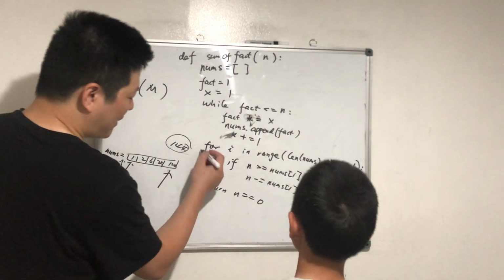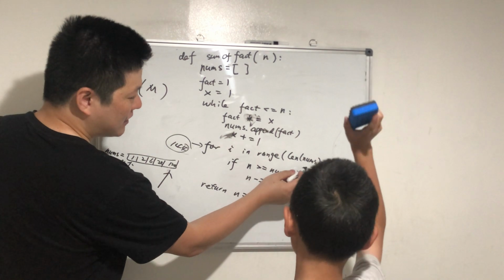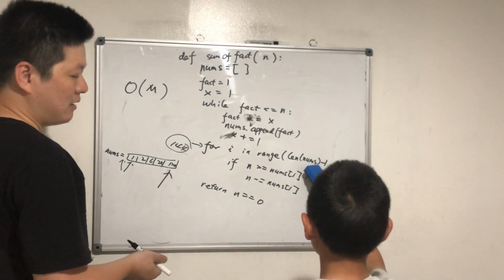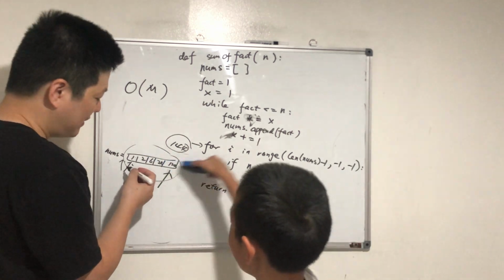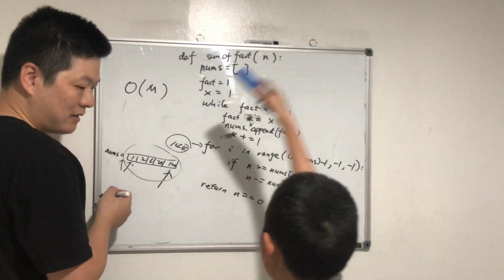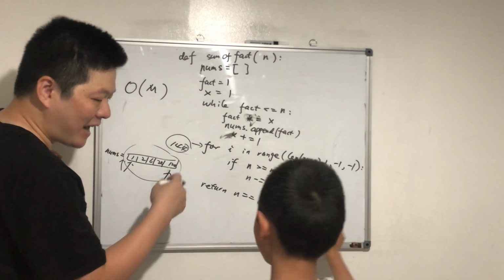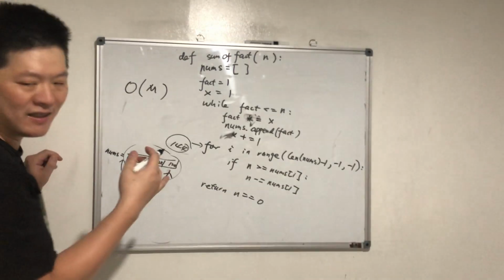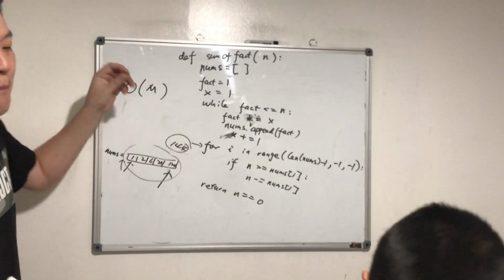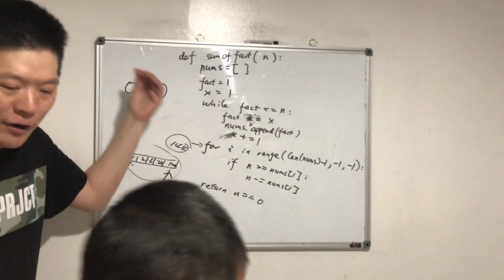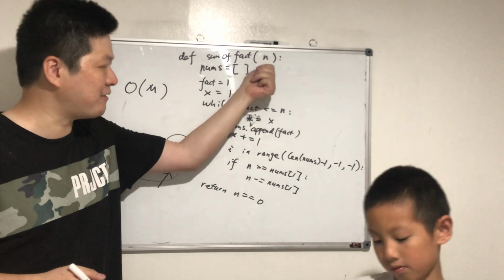What's the M here? Nums. What's this nums? Factorials. The number of factorials that are smaller than n? Yeah. So m is the number of factorials that are smaller than n, right?